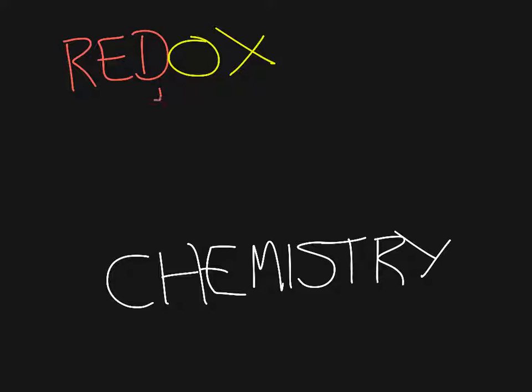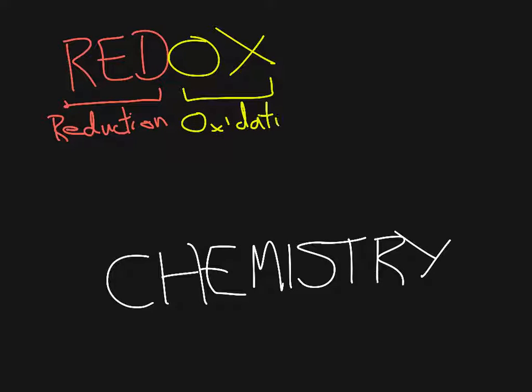The red side of redox actually means reduction, and the yellow means oxidation. So you're probably asking yourself, what do these terms, reduction and oxidation, mean? I'll get to that in the next slide.